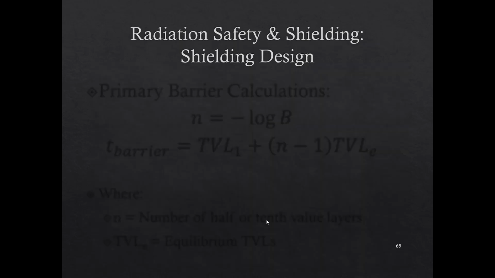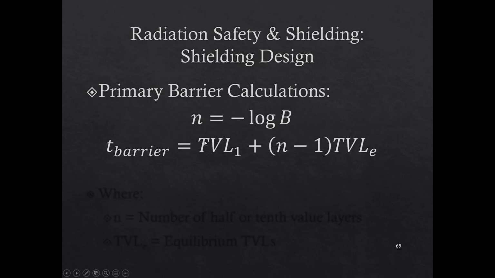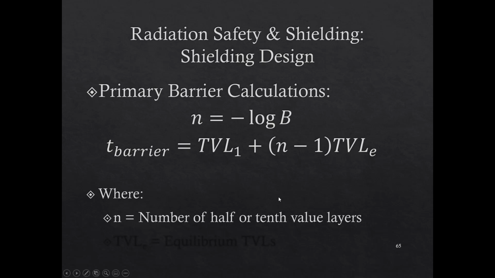Another way of doing this is to calculate the actual number of half value layers or 10th value layers. Usually we use 10th value layers for shielding design. So N again is the number of 10th value layers here. Once you have your transmission factor, you do minus log of the transmission factor and you get your number of 10th value layers.